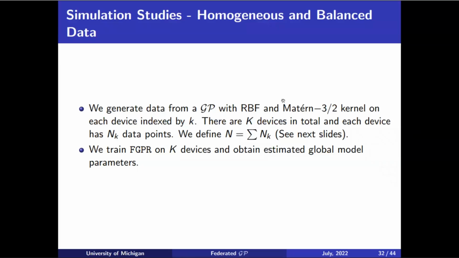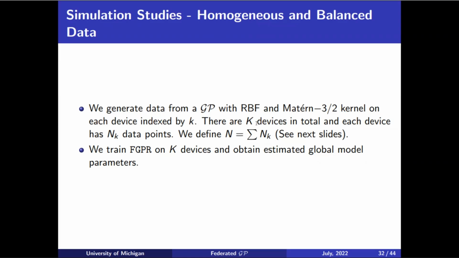Now let me present some simulations to validate our theoretical findings. We will only validate our theoretical results on the homogeneous setting, where the underlying processes to generate data among all the devices are IID. We first generate data from a Gaussian process with RBF kernel or with a Matern kernel.